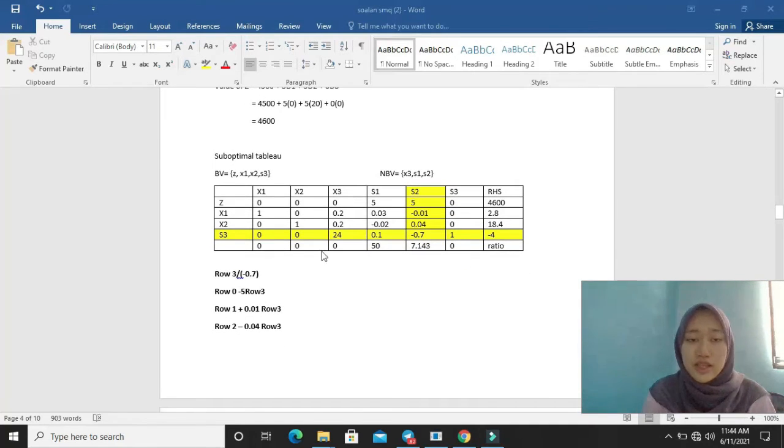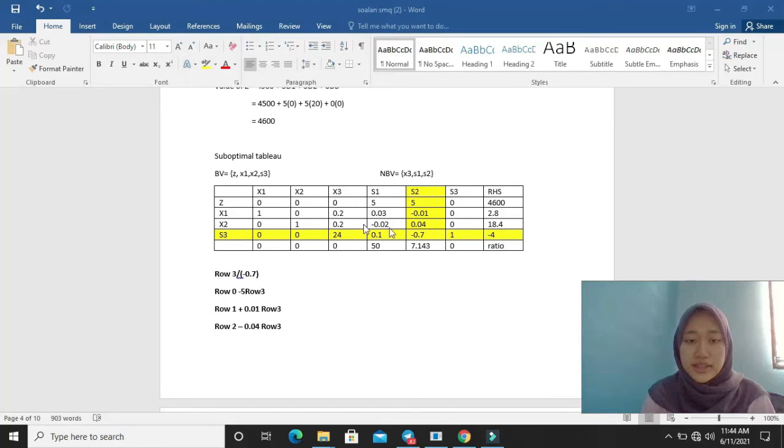Step 1 is we check the right hand side for the most negative. Negative 4 is the most negative right hand side, and it is s3, so s3 is the leaving variable.